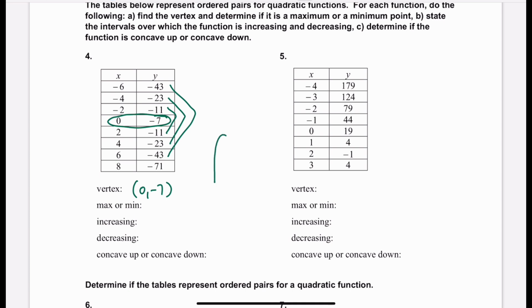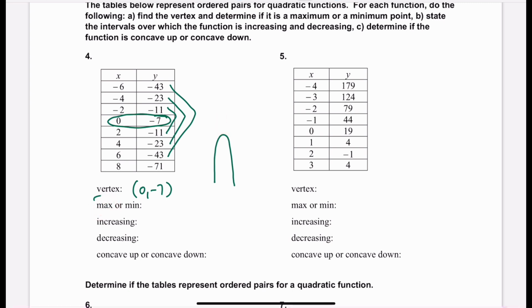It's increasing and then it's decreasing. We're at -43 first, and then it's going up, and then it hits this -7, and then it starts going back down. So increasing, then decreasing. This is going to be a maximum point. You're like on the top of the mountain.